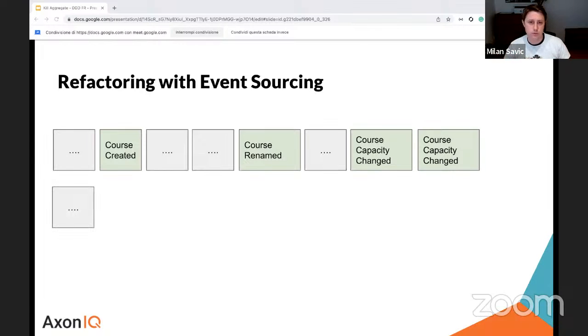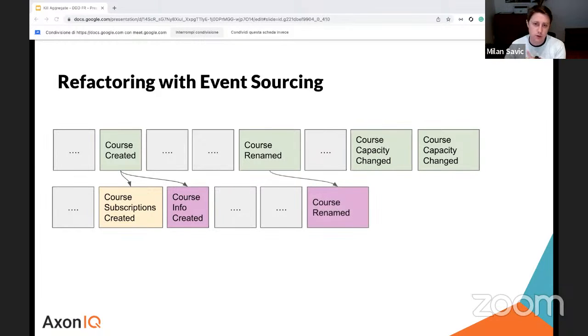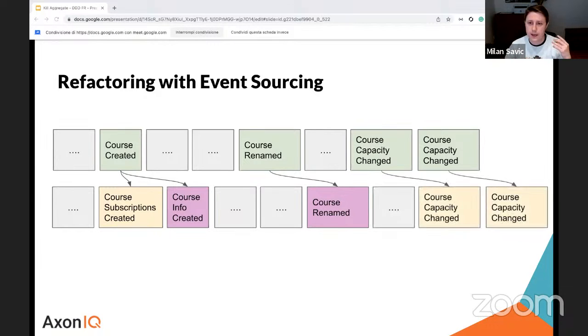Now we want to take two aggregates approach. In this situation, we need to transform course created into two corresponding events. One is course subscription created, and the other one is course info created. Now they belong to two different aggregates. Then when we move on, we see that course renamed belongs to the course info aggregate, so we need to change the ownership, and the latter two belong to the course capacity, to the course subscriptions aggregate.